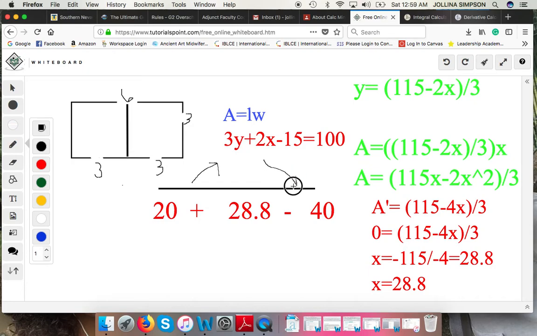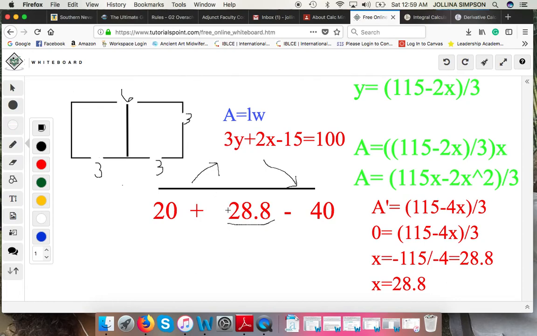So that means that 28.8 really is our maximum. And so we can say that the area is maximized when the length of the room is 28.8 feet. So that's the area that gets maximized.